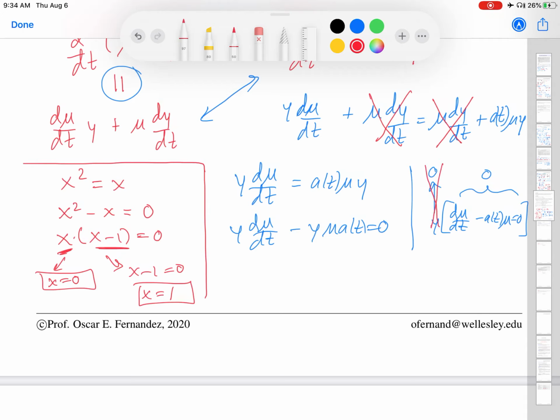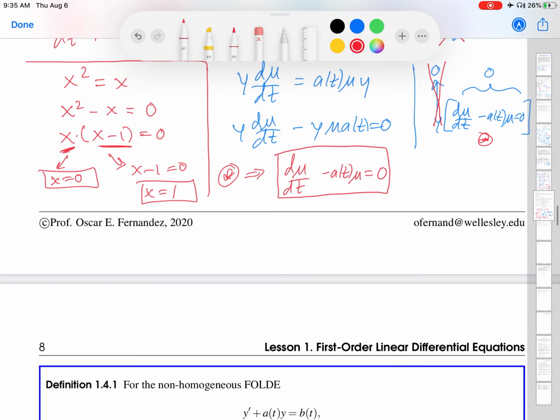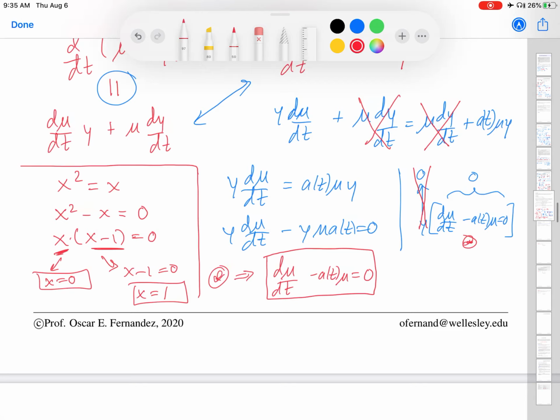So then we're going to say that from here, this implies that d mu dt minus a of t mu equals 0. Okay, so this is a very interesting form for mu. Why? Well, let's think about it. This is an ODE for mu, which is this unknown function we're trying to find. Let's classify the ODE.